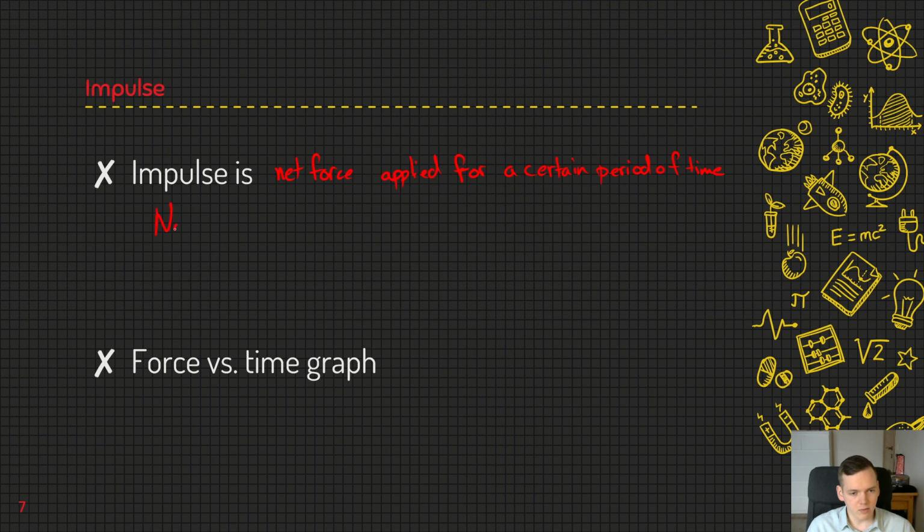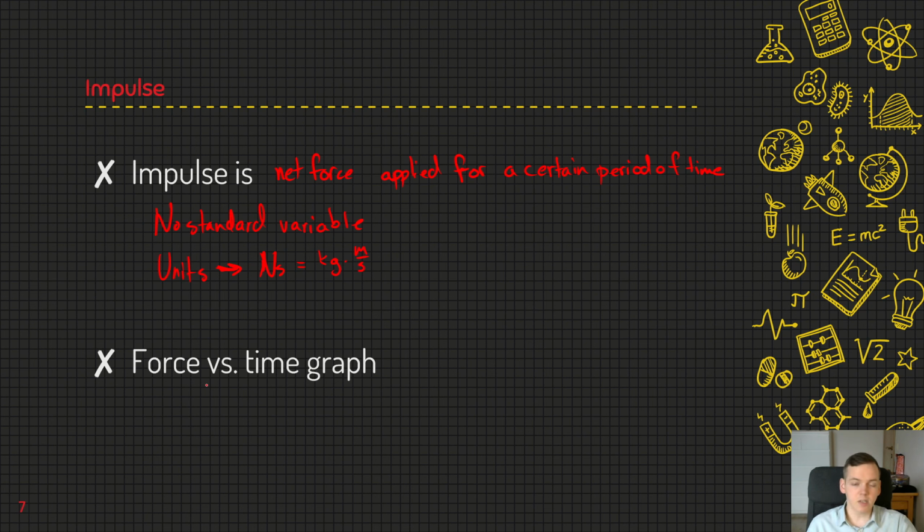There's no standard variable for impulse. We just write force times time. But the units are Newton seconds, which is also equal to a kilogram meter per second.